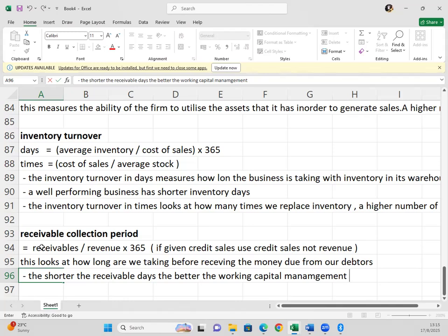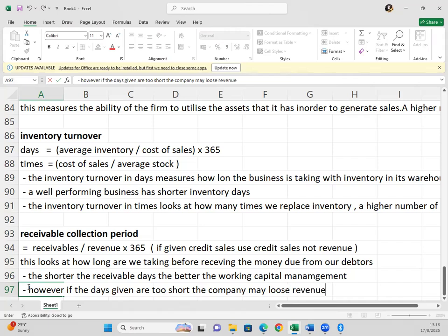However, if the days given are too short, the company may lose revenue, as most customers will shift and buy from competitors who give them favorable terms.